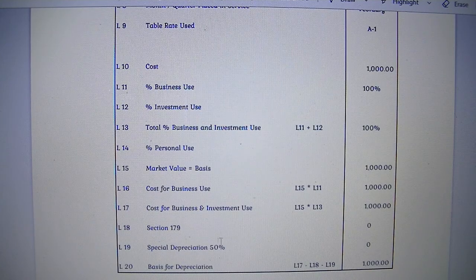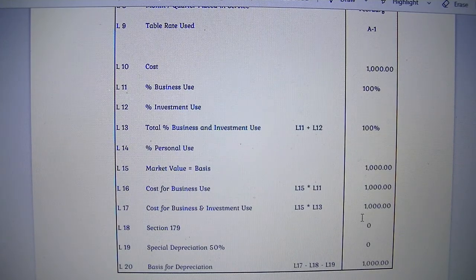If it qualifies for special depreciation 50%, and you claim that as well, then the special depreciation will be applied on the cost minus Section 179, like the residual. So you claim the special depreciation if you want to, and that's 1,000 minus the Section 179 that you claim minus the special deduction that you claim.